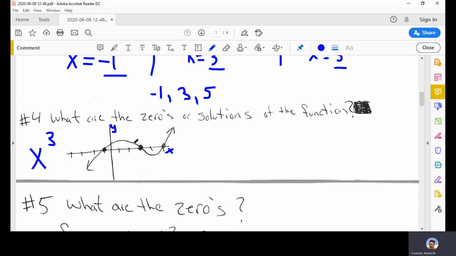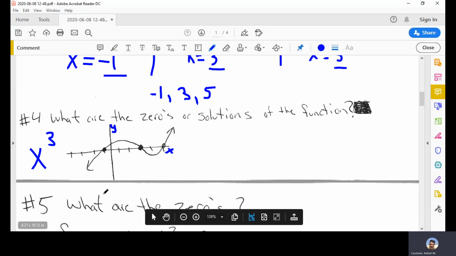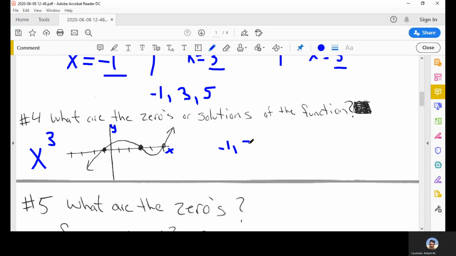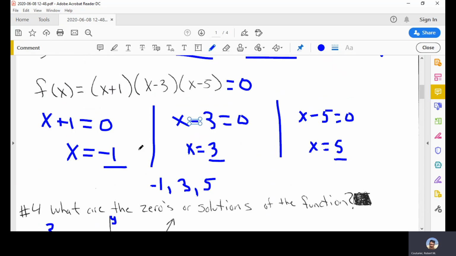Where does this squiggly graph cross your x-axis at? It crosses at -1, and then at 3, and then 5. So here are your solutions, your zeros, or your x-intercepts. All mean the exact same thing, and it's kind of funny because it's right here above there.